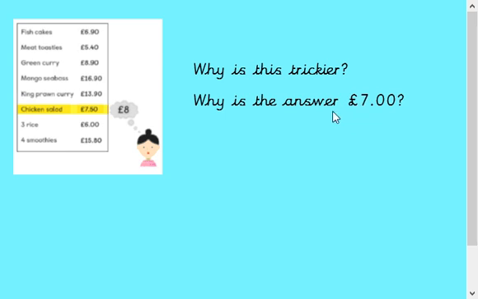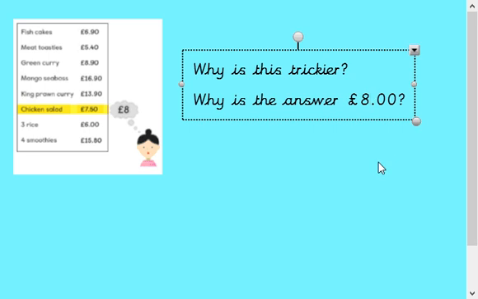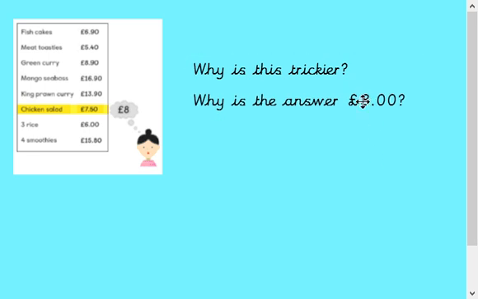Why do I round it up? Why don't I round it down to £7? Okay, I've edited the answer now so that we're all correct. Sorry, I see so many of these prices and numbers in my head. I do apologise. So yeah, £7.50. Why is it trickier and why is the answer £8?